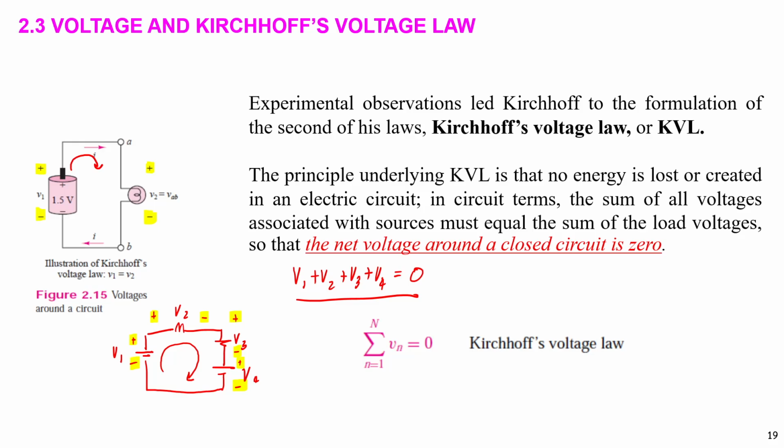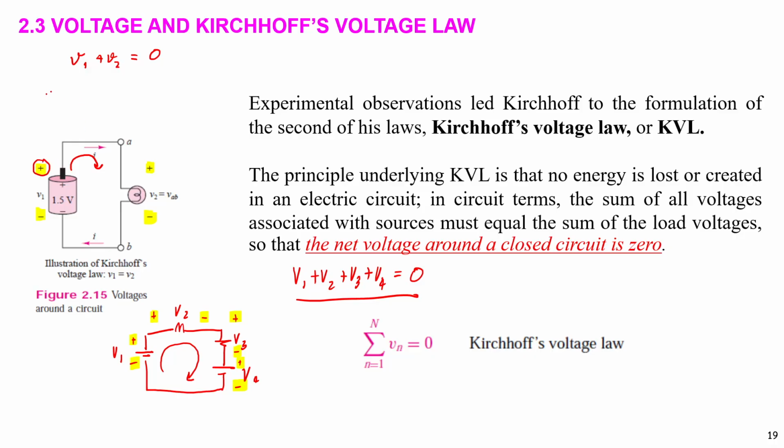So if V1 plus V2 equals 0, like this, this means that V1 will be positive, flowing out from positive.